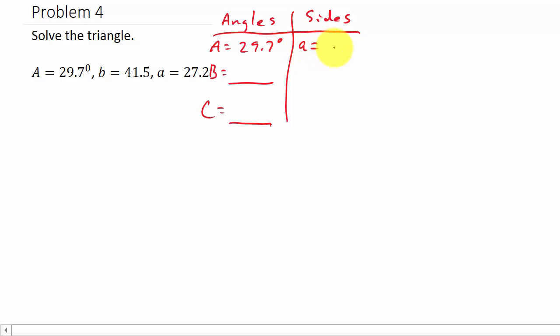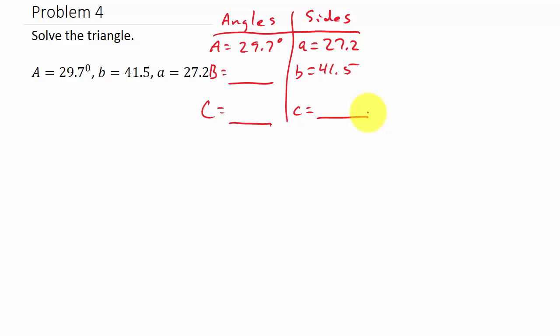Side A is 27.2, side B is 41.5, and side C we don't know. This is what we have to work with.